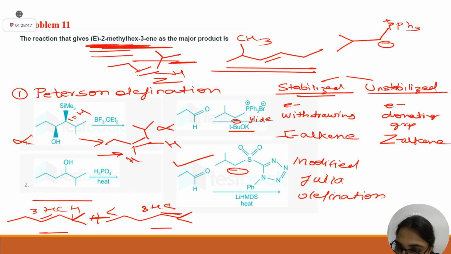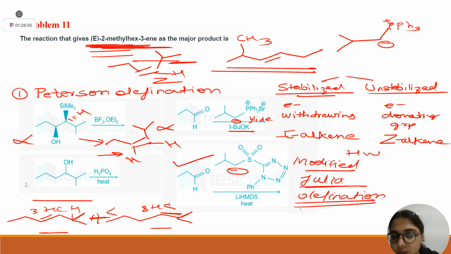Your take-home homework from this slide is to find the mechanism for Julia olefination. I have given you a hint. Negative charge, obviously, will attack this aldehyde. Some intermediate will form, and at last you will get the olefin. If not clear, you can ask me in the next class.